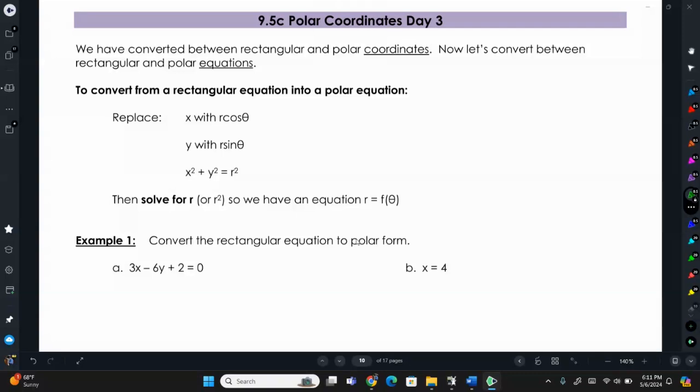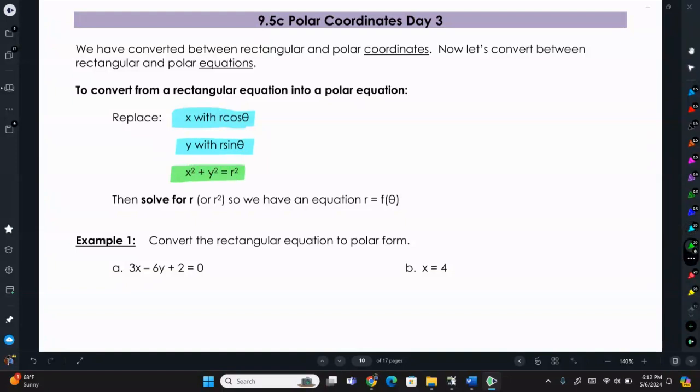The first thing is that x is equal to r cosine theta. Remember, we did that when we converted coordinates, and that y is equal to r sine theta, and that x squared plus y squared equals r squared.